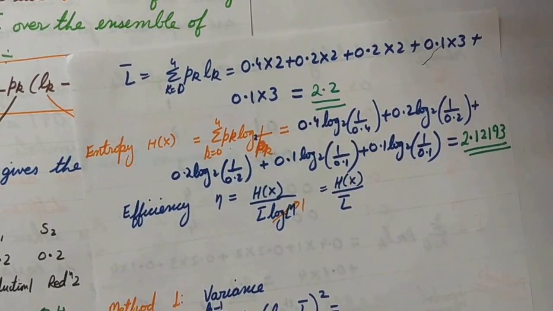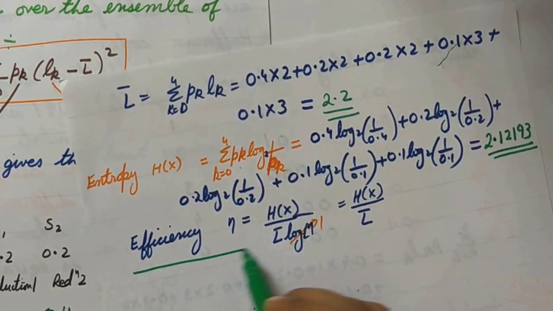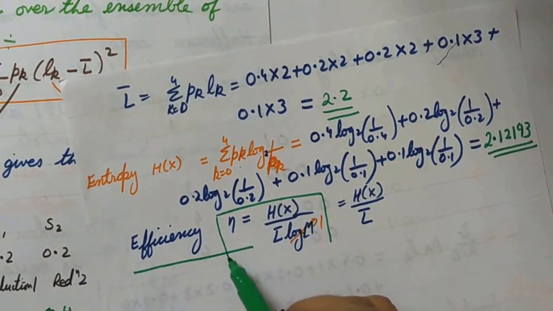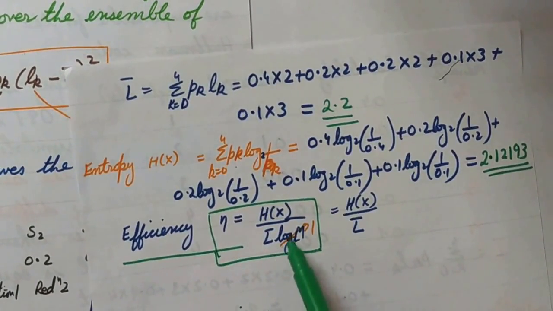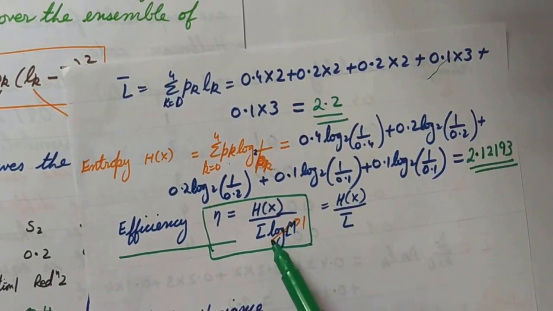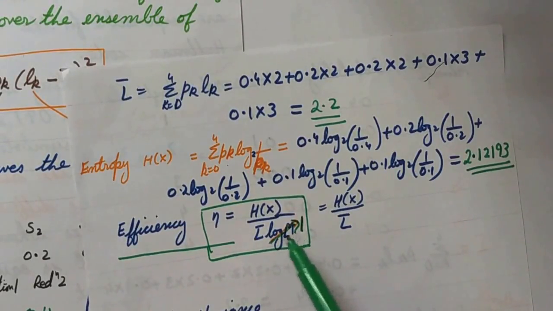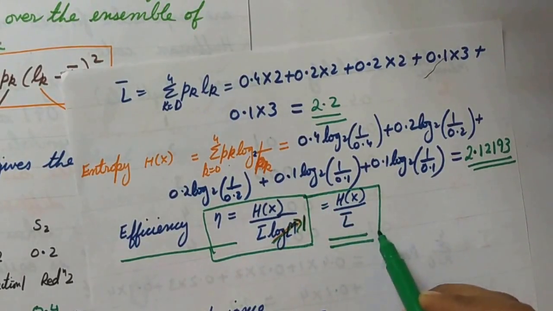Now if I talk about the efficiency of both these methods, how we calculate efficiency: eta is equal to Hx, that is the entropy, divided by L bar log m to the base 2. Since it is binary, 0 and 1, there are two symbols, so log 2 to the base 2 is 1. So this reduces to Hx upon L bar.